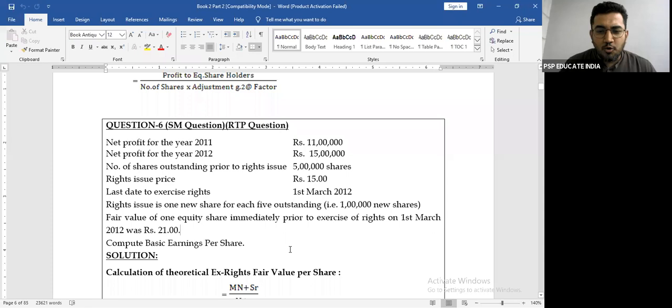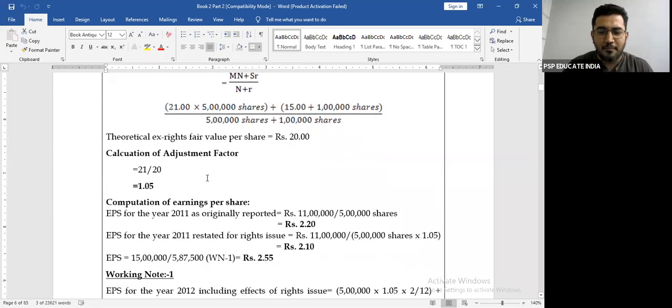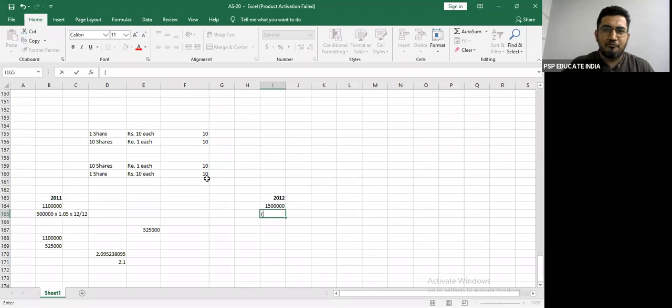The last date to exercise the right shares is 1st March, which means till 1st March, we will be confused as to how many people will exercise the option and how many people will allow it to lapse. For the remaining months, after March, we will exactly come to know how many people exercise the right.